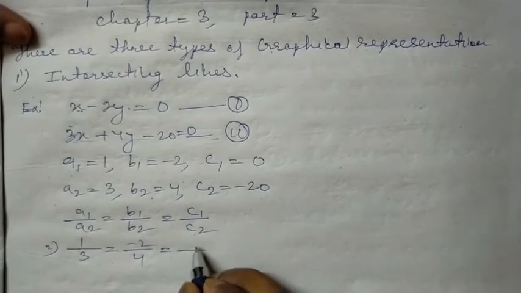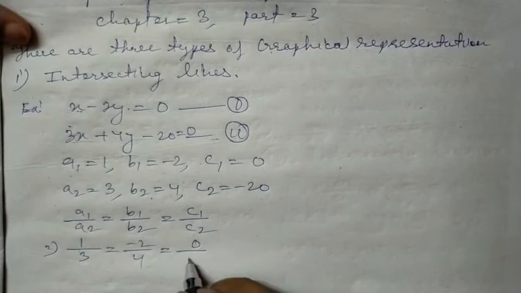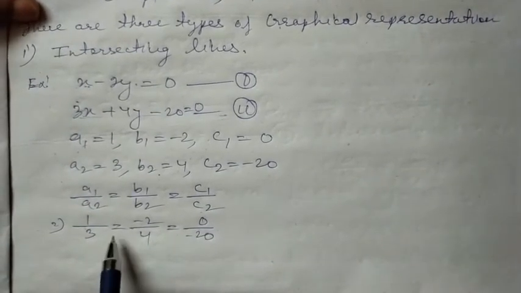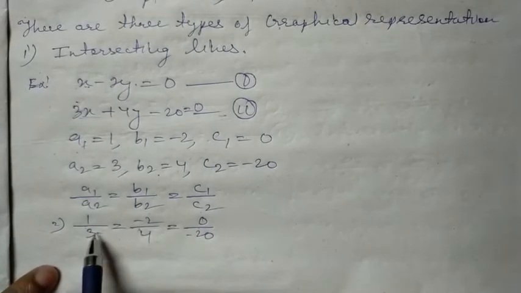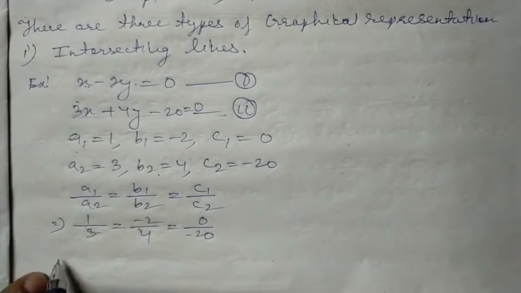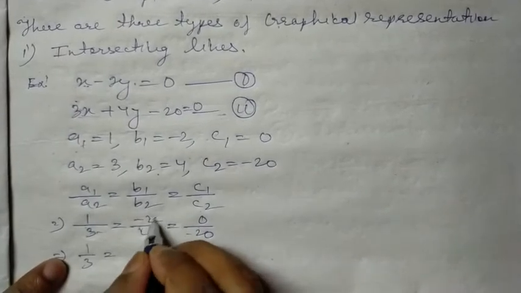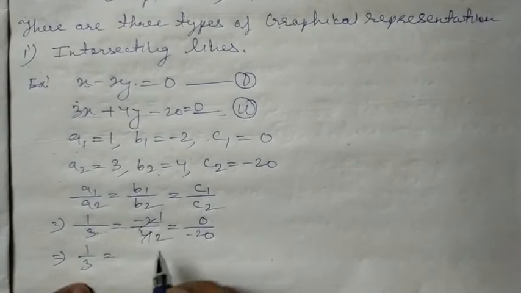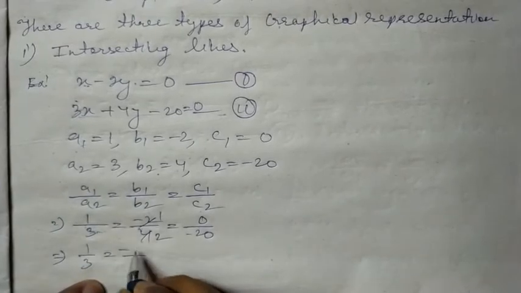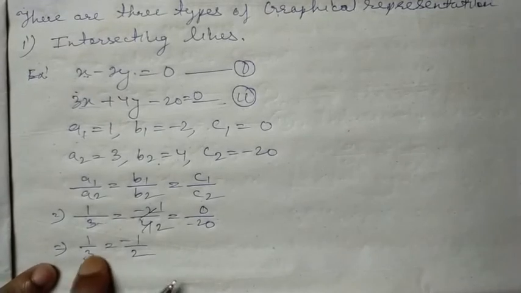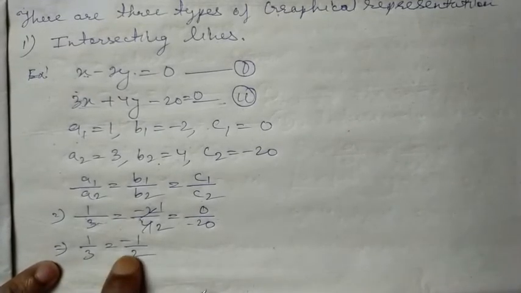C1 is 0, and C2 is minus 20. First of all we will check whether this ratio is equal or not. This one is 1 by 3, and this is minus 2 by 4, so minus 1 by 2. You see this ratio is not equal to each other.